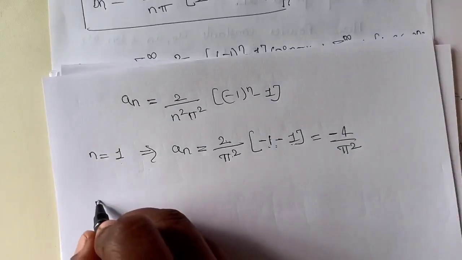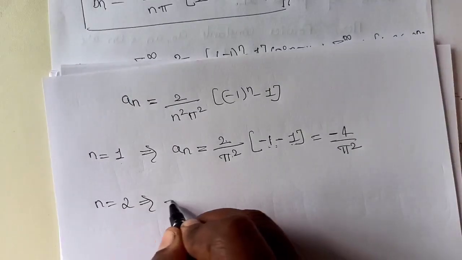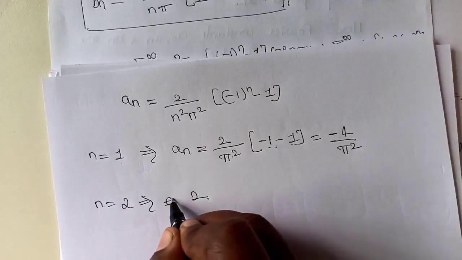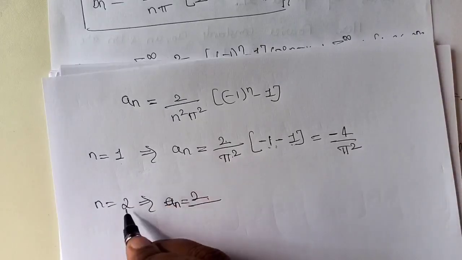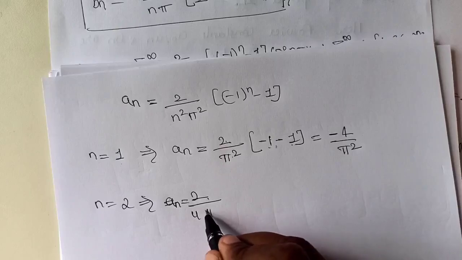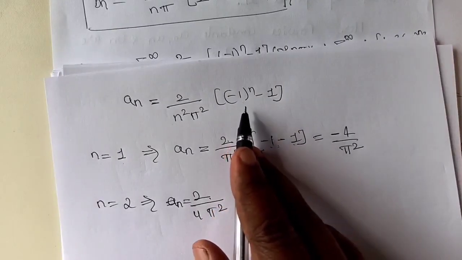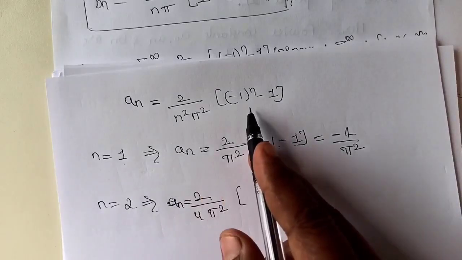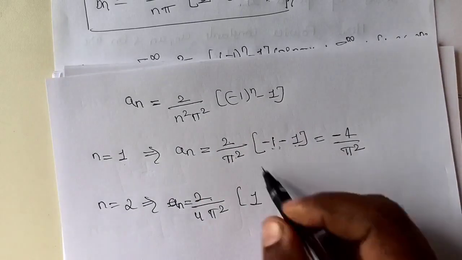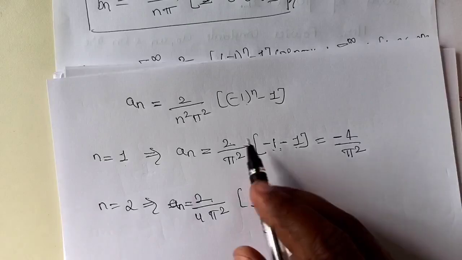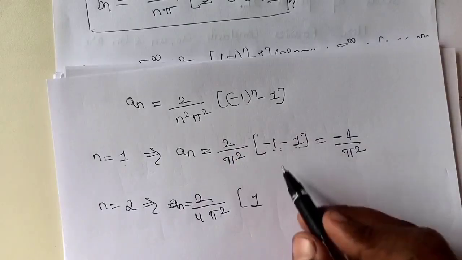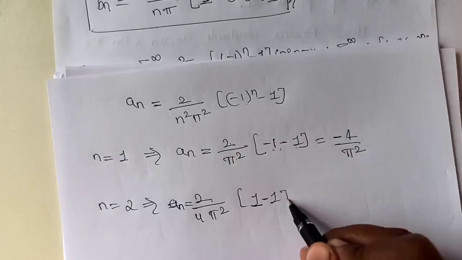So when n equals 2, we get an value equal to 2 divided by 2 square, which is 4 pi square. This becomes plus, because n equals 2, which is even. For even values, minus 1 square is plus 1, and 1 minus 1 we get 0.